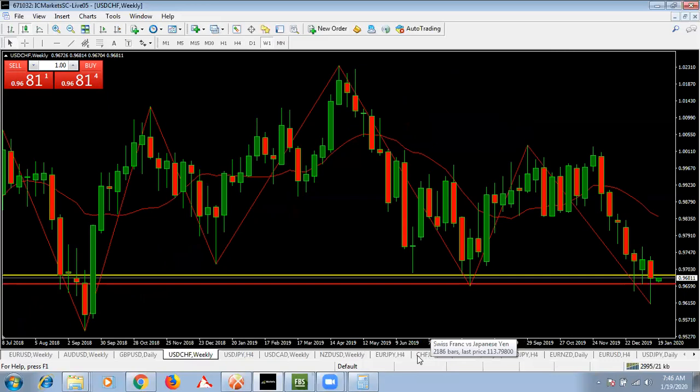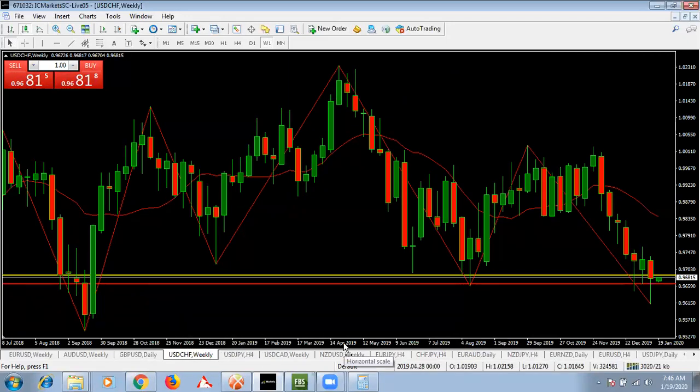As you can see here, CHF is the counter currency, and here it's the base currency. So if this is selling, that is CHF is strong here, that means it will be strong on CHF JPY. So we expect this to be bullish, while USD CHF would be bearish.